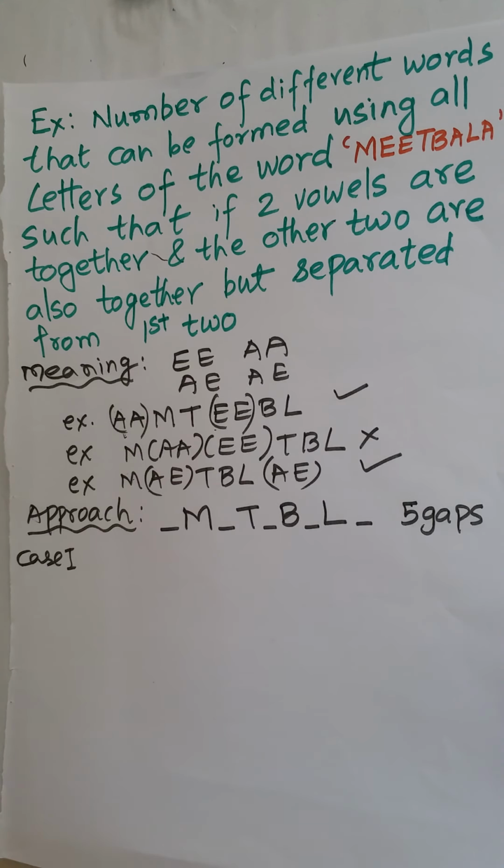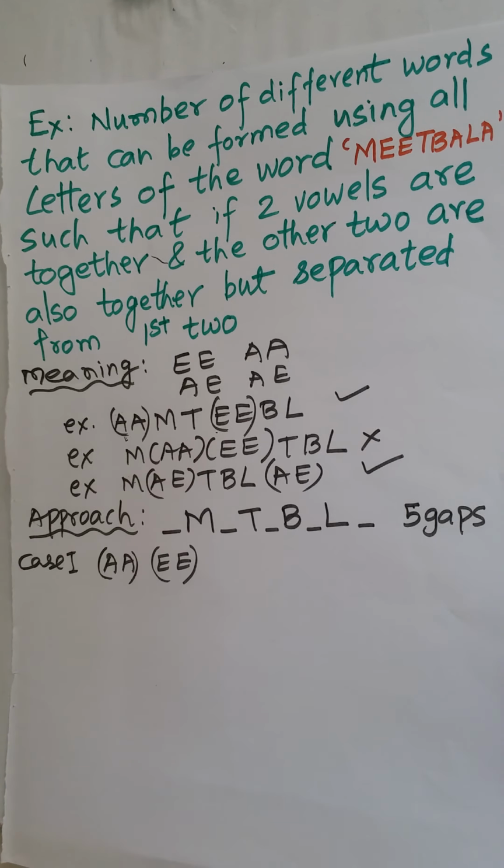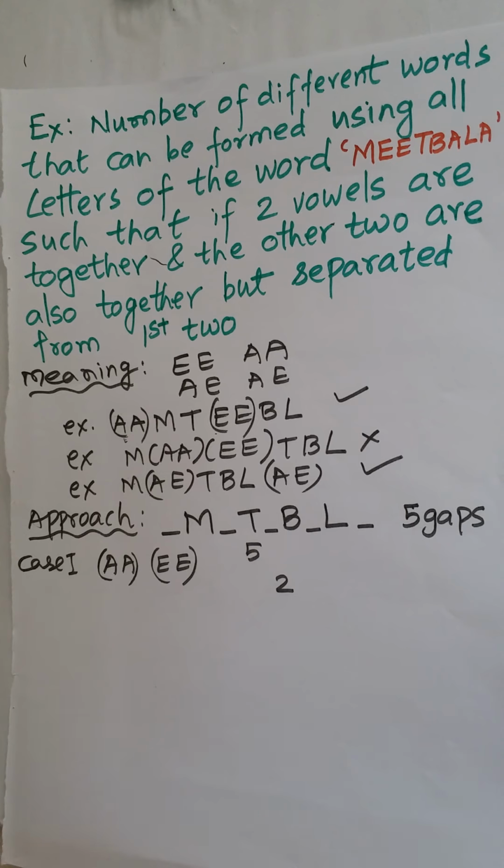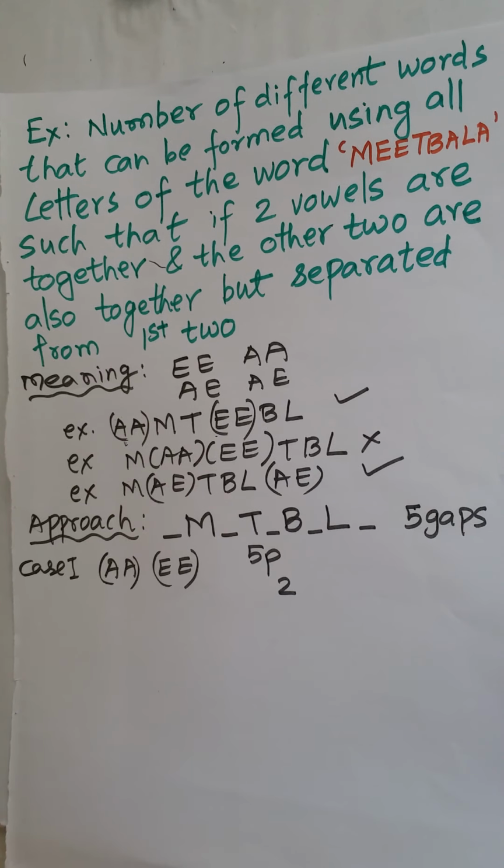In the first case we will take AA and EE. AA and EE will be filled in 2 gaps out of 5 gaps. In how many ways? Yes, there are 5 gaps of which 2 are required. So 5P2 will come, or 5C2? Yes, 5P2 will come because AA and EE are distinct and the 5 gaps are also distinct.